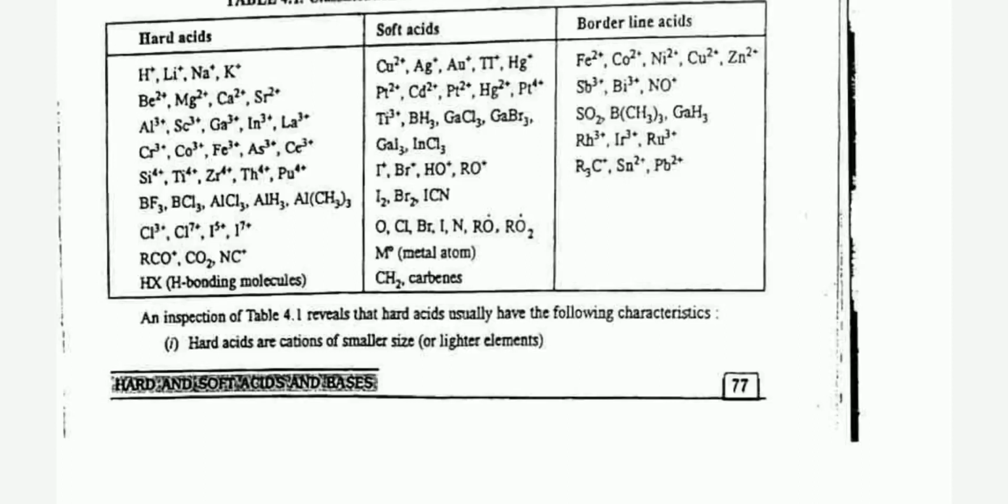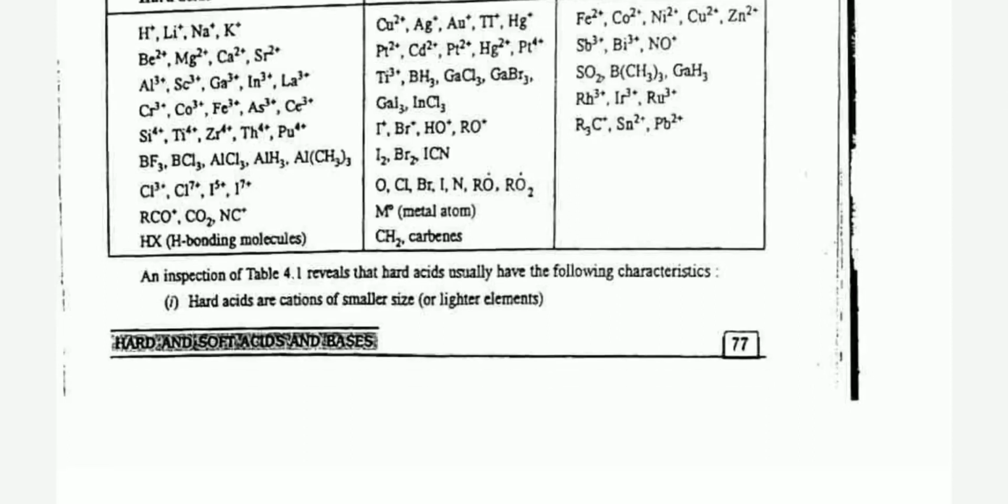Borderline acids include iron 2+, cobalt 2+, nickel 2+, copper 2+, zinc 2+, etc.